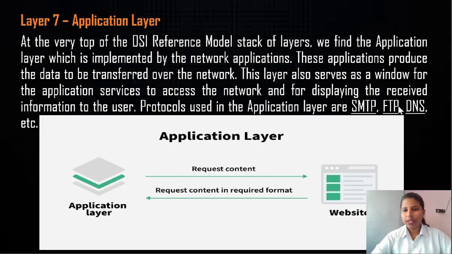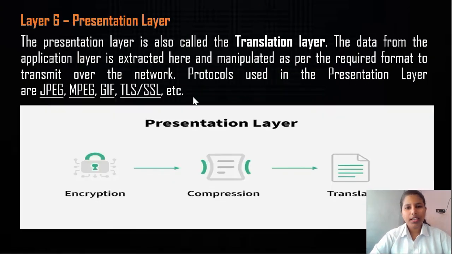And there is FTP, DNS, which are the main protocols we use, and HTTP and other protocols also. And in the presentation layer we can see JPEG, MPEG, GIF, TLS, and SSL. These are the layer protocols we use.